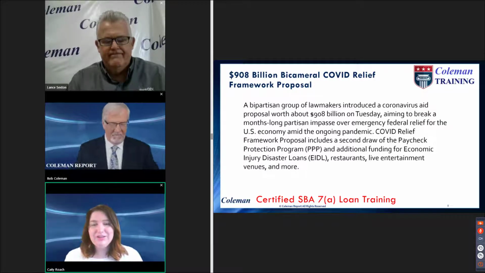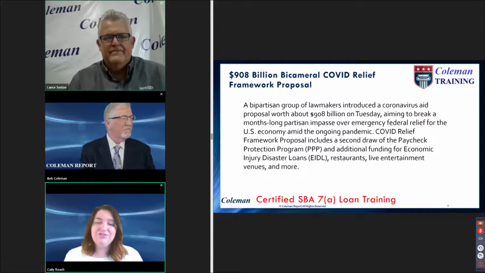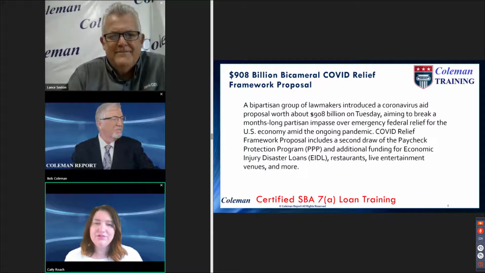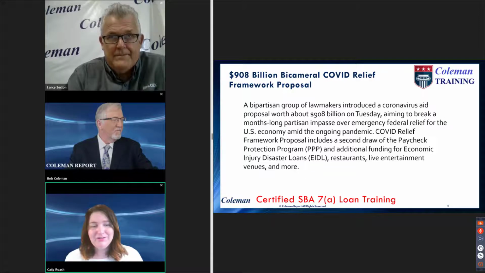Specifically, what we do know about this portion of it so far is that it's going to include a second draw for PPP, additional funding for EIDL loans, and some kind of additional aid for restaurants, live entertainment venues, and more. They haven't really described what more is going to be yet. We don't have the exact wording of this bill yet. Unfortunately, it's just a framework proposal.